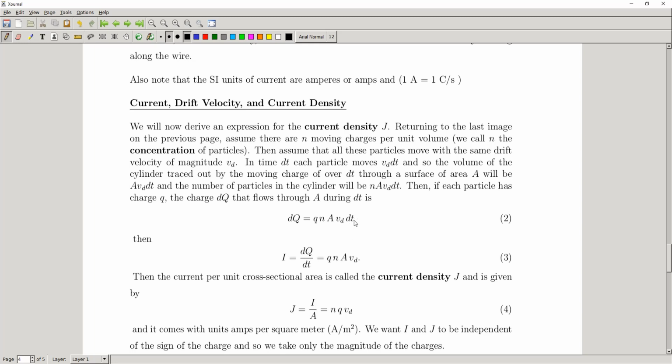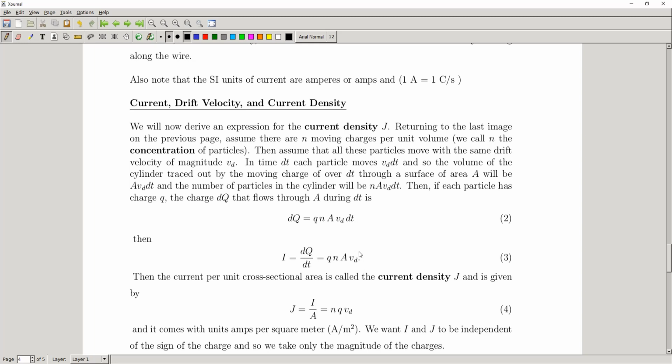And if we rearrange this, we're just going to move the dt over to the denominator. Well, that just gives us back our current. We know our definition for current is the time rate of change of the charge flowing through that area, and this gives us another way to write our current.